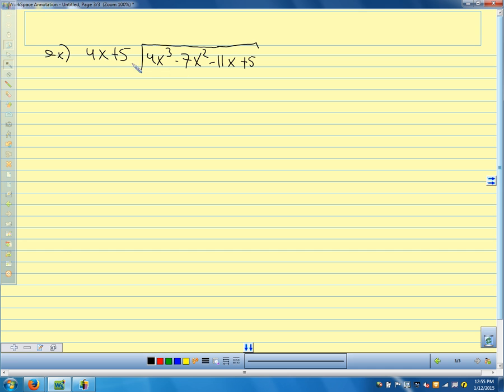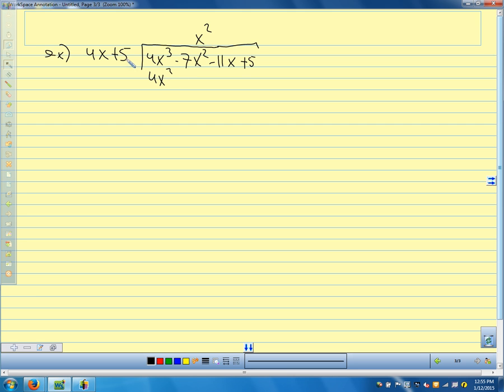So I say, what do I have to multiply 4x by to get 4x to the third? x squared. X squared times 4x is 4x to the third, so I write that there.